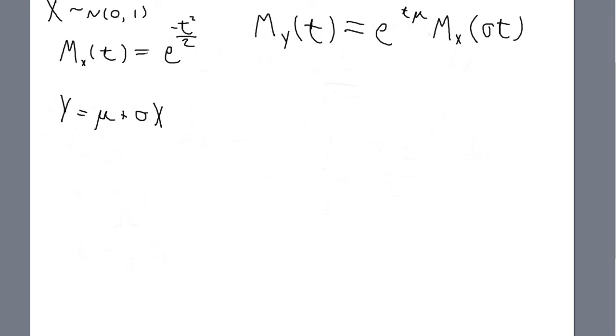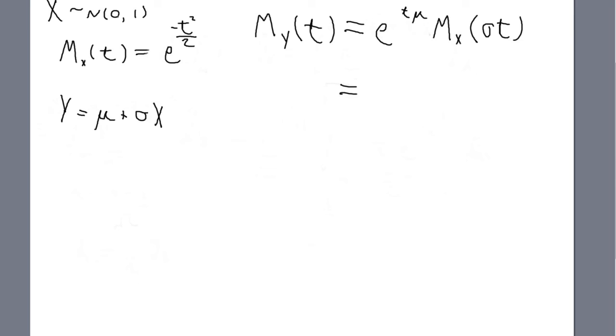The second theorem I want to bring up is that if you have two random variables and one is a linear transformation of the other, as we have here, then the moment generating function of Y is equal to e to the power of t times mu, times the moment generating function of sigma t. Well, we know the moment generating function of this one, so this does apply to us.